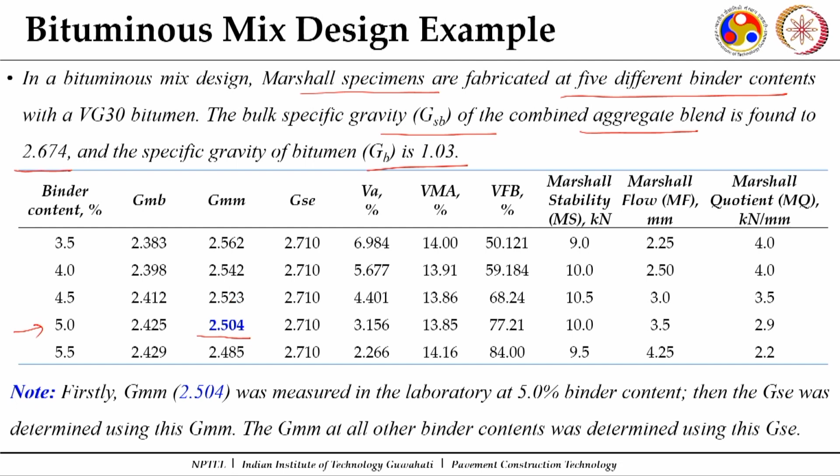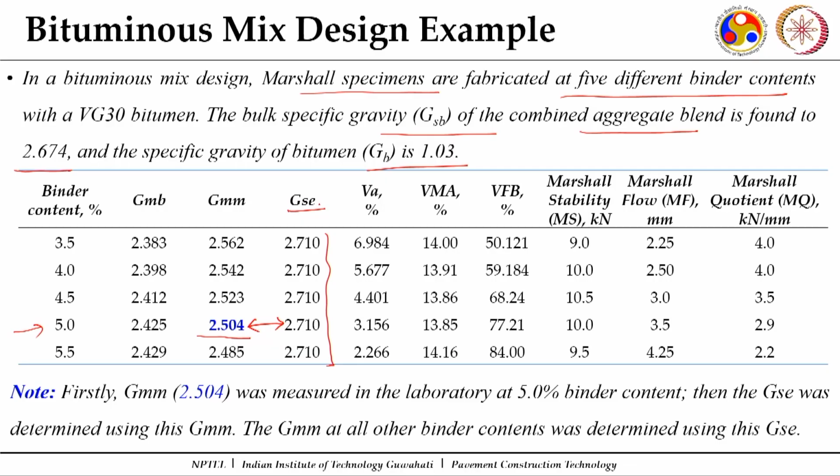Once that GMM was determined, GSE was obtained using this GMM, and then this GSE was kept constant, considering that there will not be any appreciable or significant change, as this is an aggregate specific property. So not much change is expected. So GSE, which is derived from the 5% binder content having this GMM value, was considered for the other binder contents also, and using this GSE all the GMM values were determined.